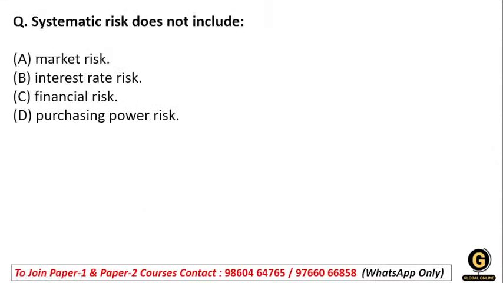Now next, the systematic risk. Which of these does not include systematic risk? What is systematic risk? Systematic risk affects the entire market, and it is a kind of risk which we cannot control, which is not controlled by the company.